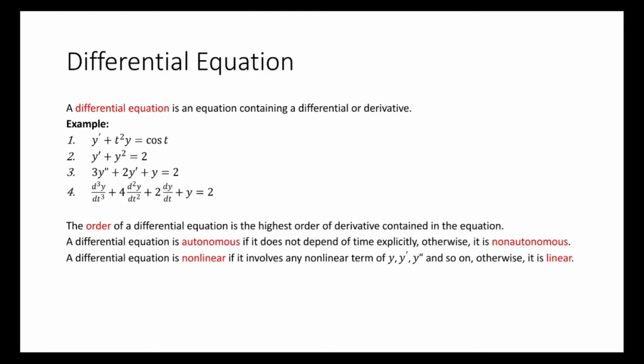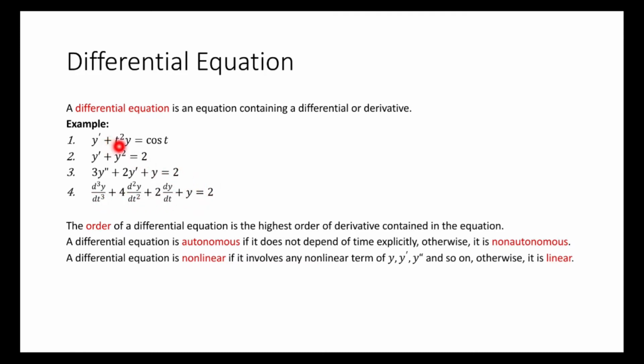Again, we also have the linearity of an equation. An equation is nonlinear if it involves any nonlinear term of y, y prime, y double prime, y triple prime, and so on. So which one has nonlinear terms of y or its derivatives? You can see here this y is being squared, so this is a nonlinear one. What about the others? They are all linear.